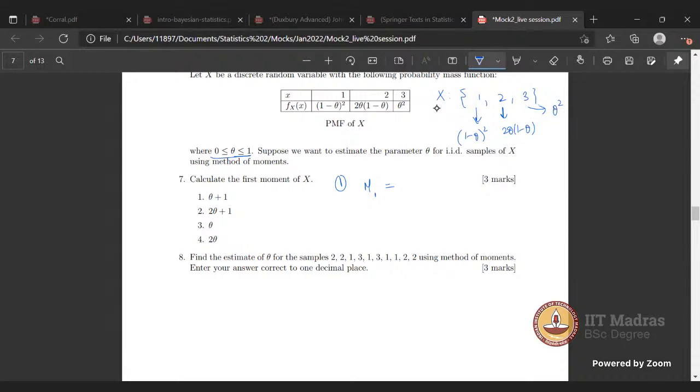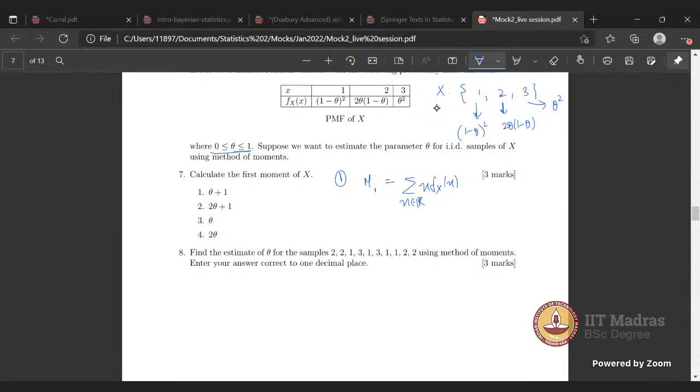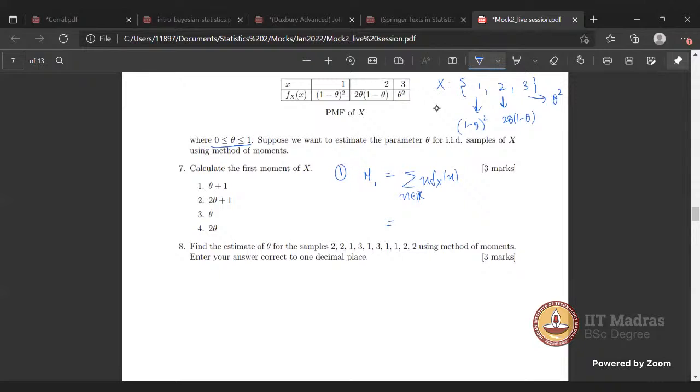To find the expectation, we sum x times f of x over the values x takes. Now we just multiply it.